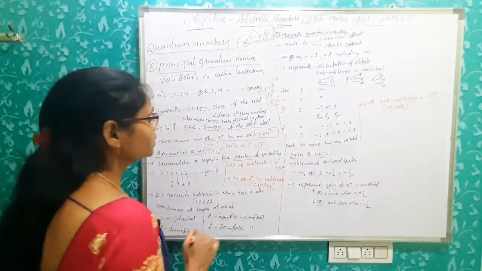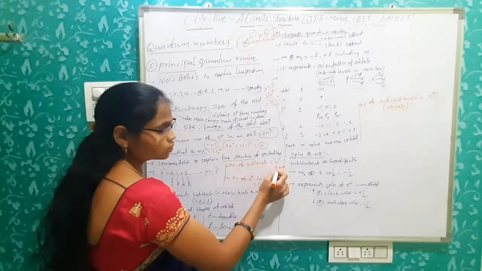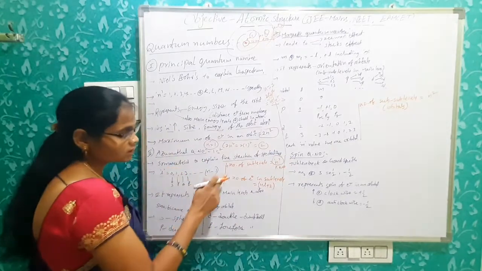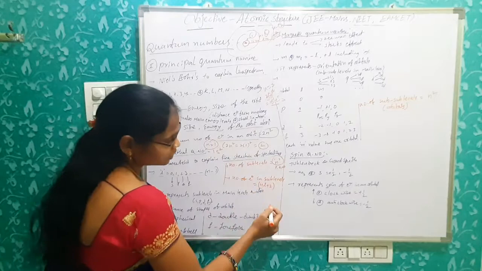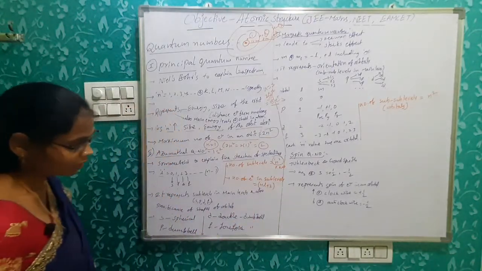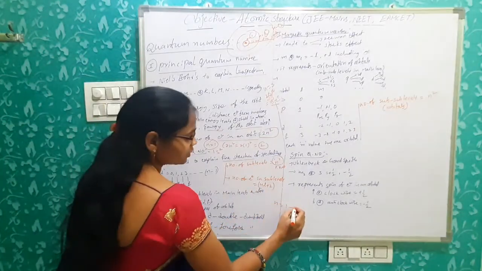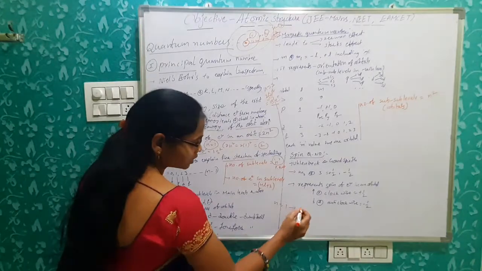Okay. Next, the number of sublevels is equal to n, the principal quantum number. Suppose n equals 1, the number of sublevels is 1, only 1s, that is the s orbital.